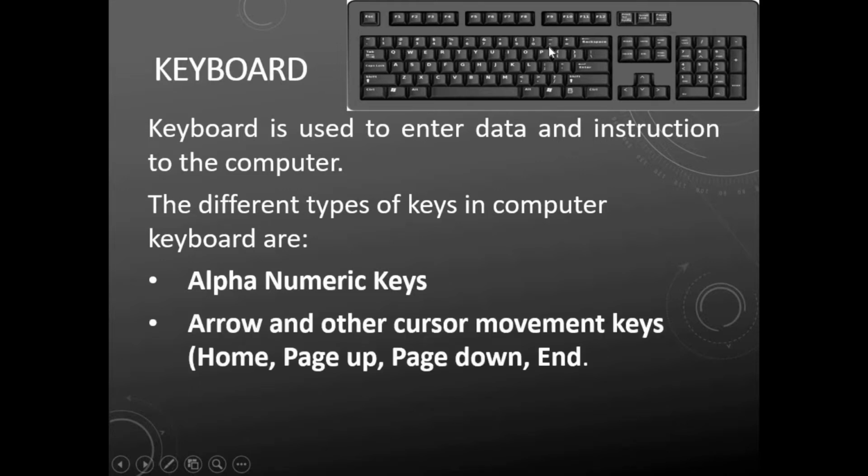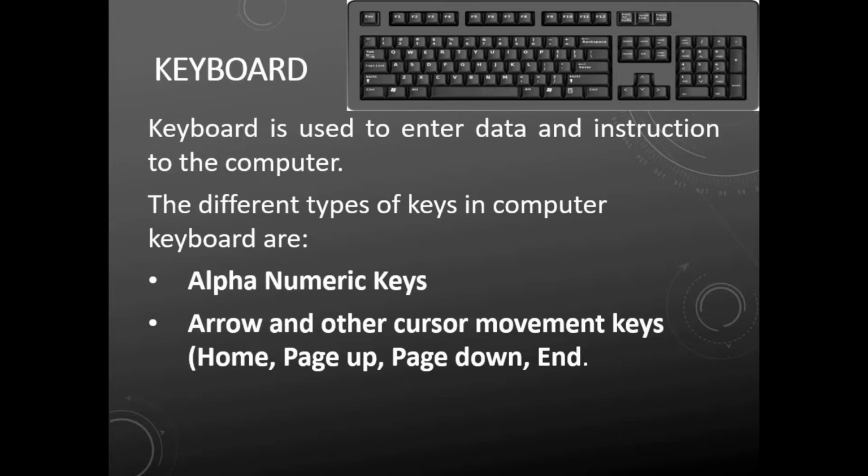Next you have arrow keys and other cursor movement keys, that is home, page up and page down. All these keys are called cursor control keys. If you use the up arrow, the insertion point will be moved by one line.